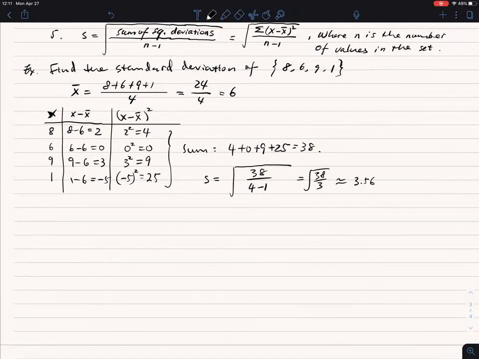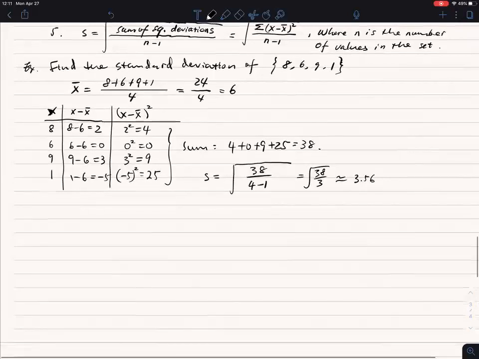Okay. Now we know how to compute mean and standard deviation. So we have good preparation for the next section on the bell curve. And we'll see some nice applications there.